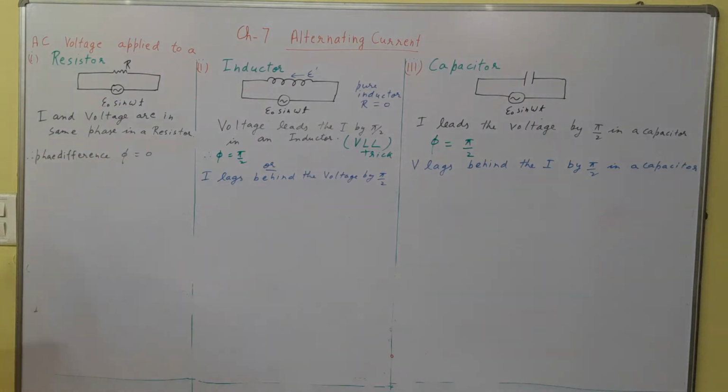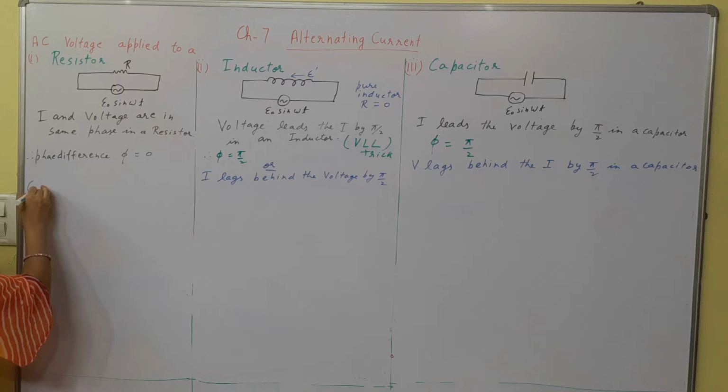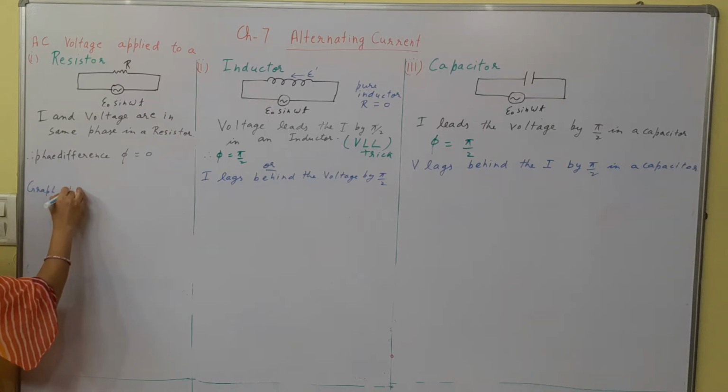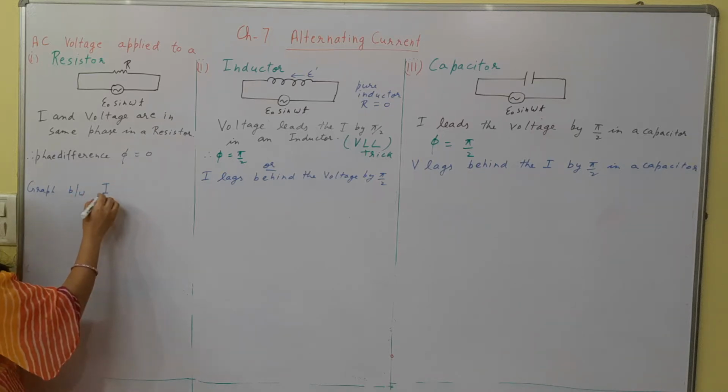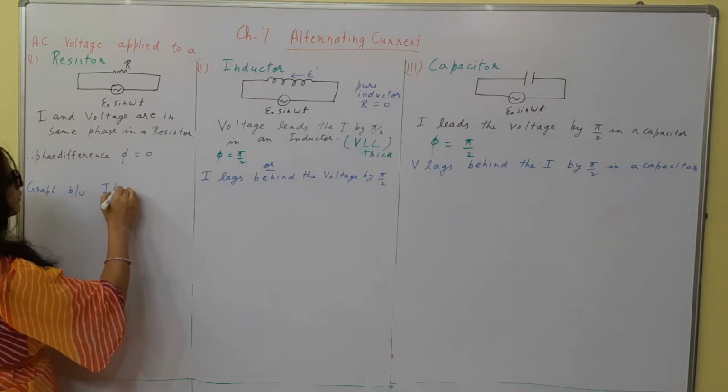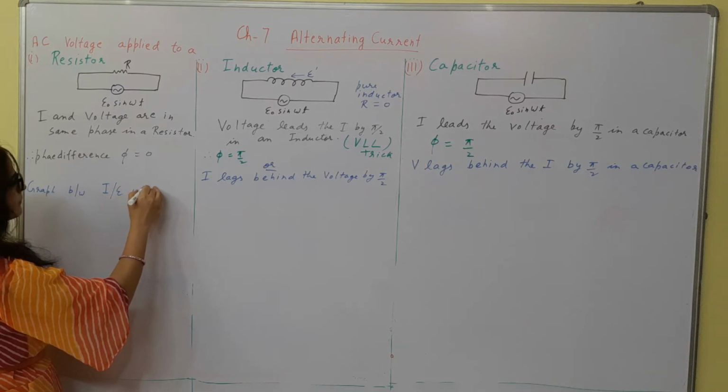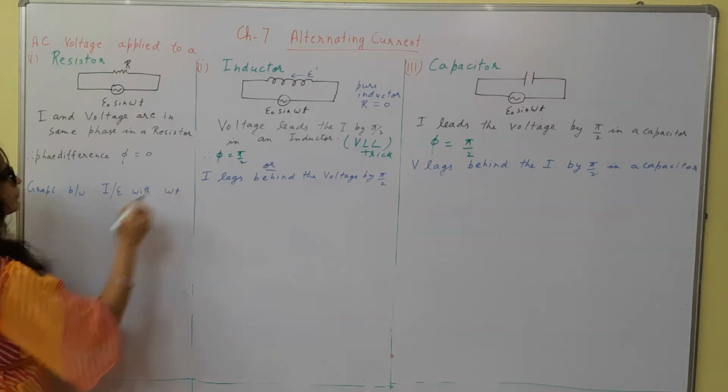Now let's come to the graph. Graph between current or voltage with omega t.